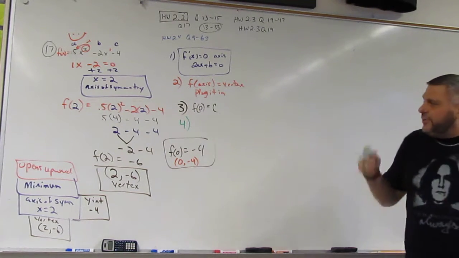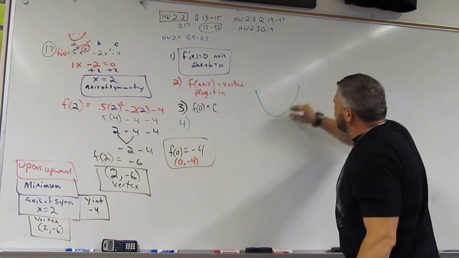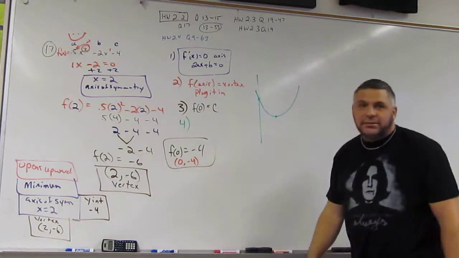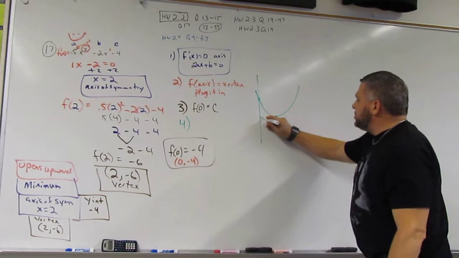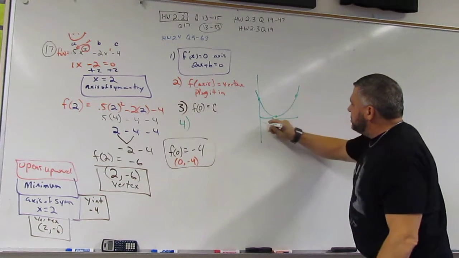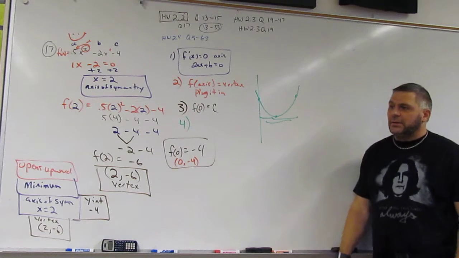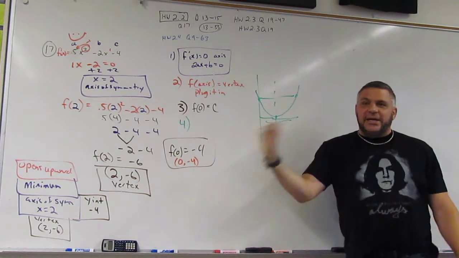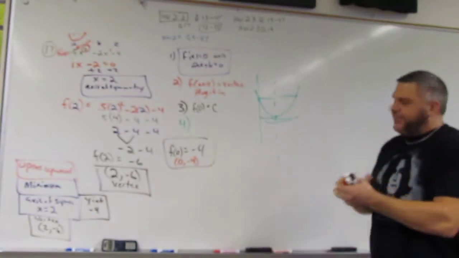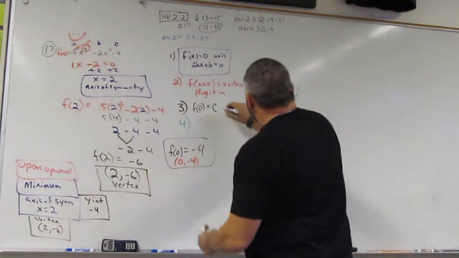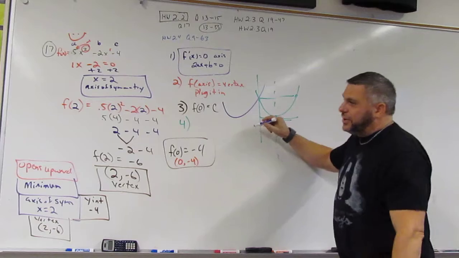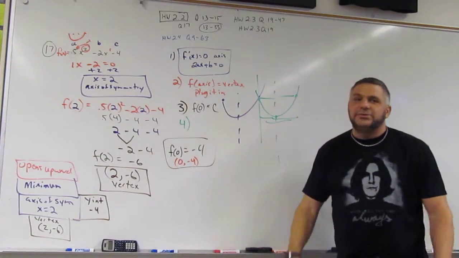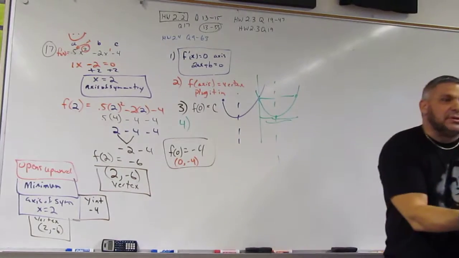If you think about it, every time we do this, if the y-intercept is on this side, then it's going to be twice as far. If this is half, then this is going to be twice as far every single time. And even if it's on this side, it's still going to be twice as far, because it's symmetrical.